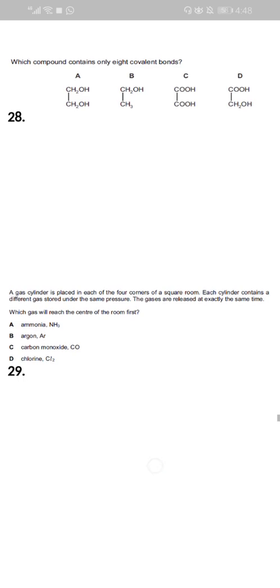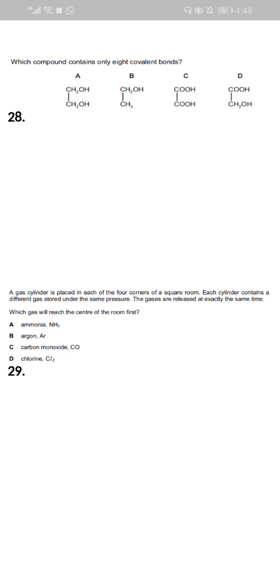28. A gas cylinder is placed in each of the four corners of a square room. Each cylinder contains a different gas stored under the same pressure. The gases are released at exactly the same time. Which gas will reach the center of the room first? Ammonia.